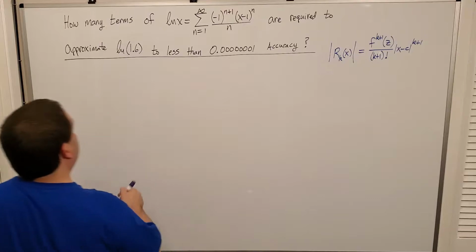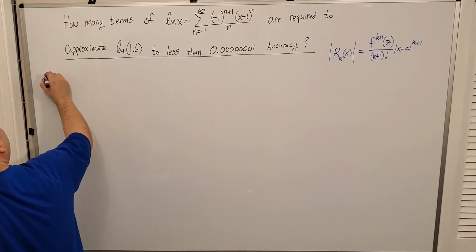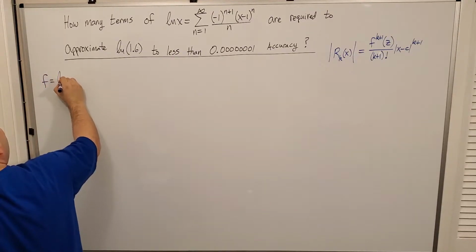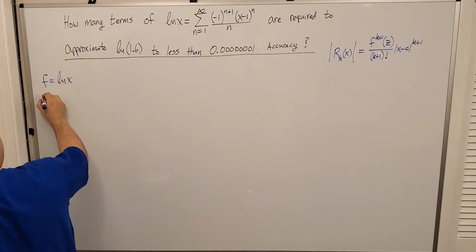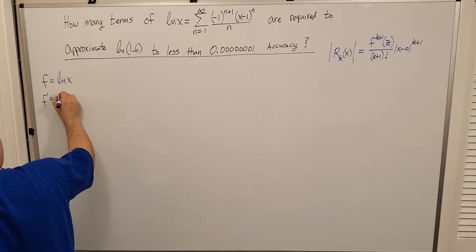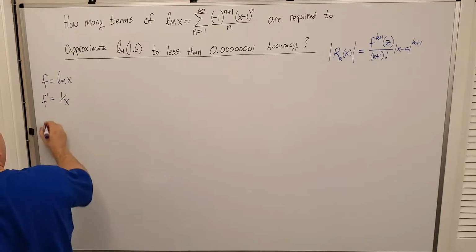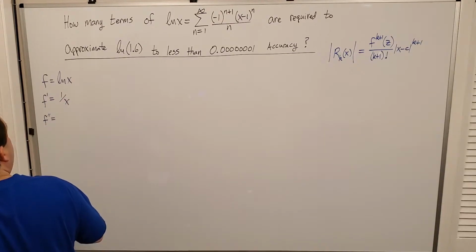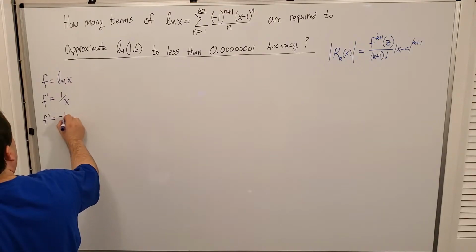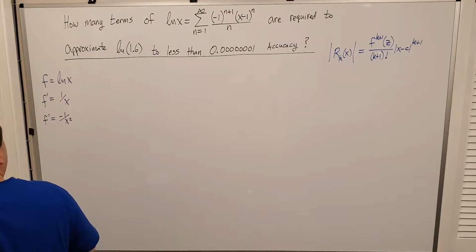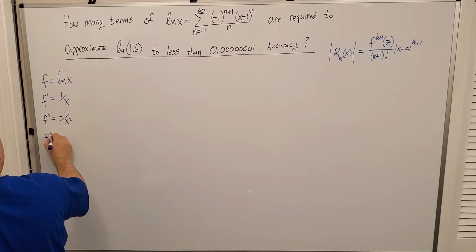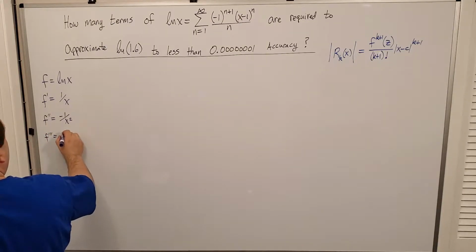Let's start with the derivatives. So my function f is the ln. Its first derivative is going to be 1 over x. The second derivative of that is going to be negative 1 over x squared. Third derivative, we're going to have 2 over x to the third, right?